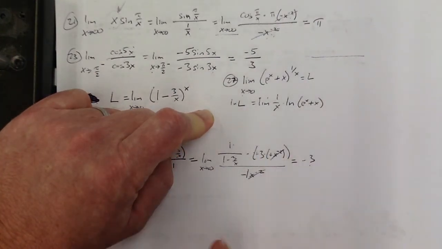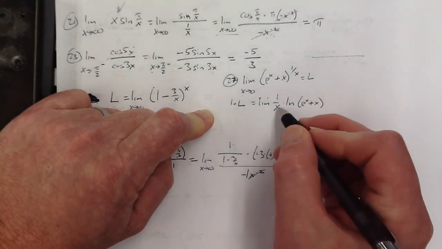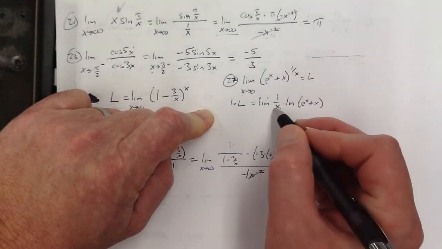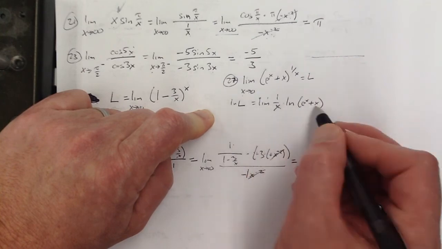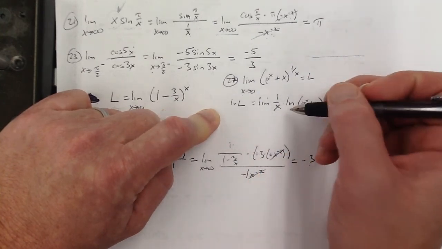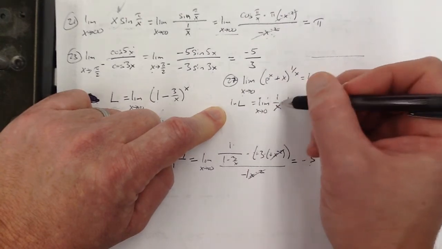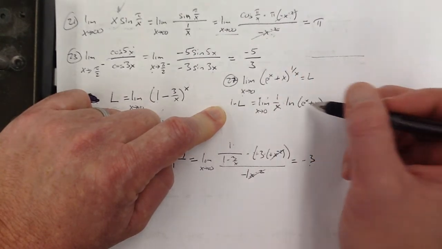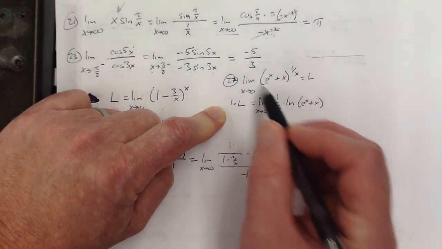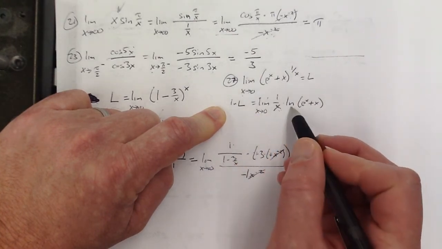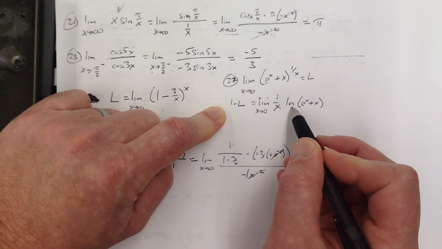And this one is kind of nice because it was a 1 over x, it kind of wants to get into that L'Hopital type 1 form. If you plug in the 0 here, you do get infinity times the natural log of 1, which is 0.